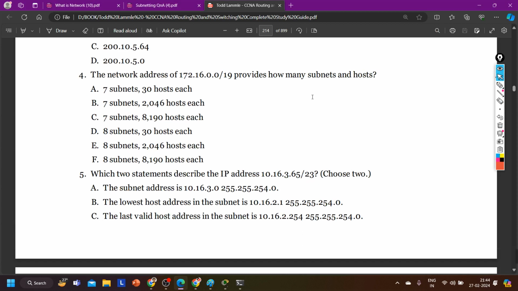Then see this question also, if you want. This question is asking you the network address, and it provides how many subnets and hosts, means number of networks and valid hosts.